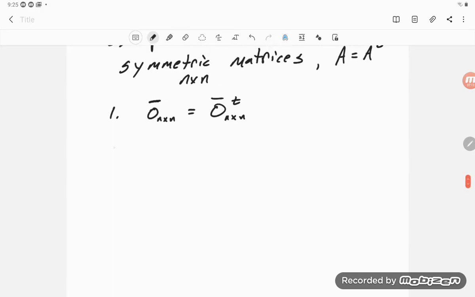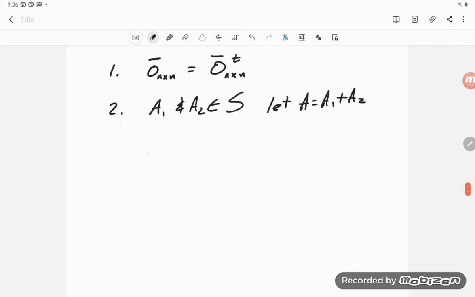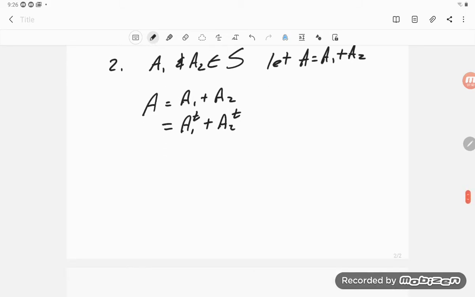Not a problem there. Okay, 2, how about if I take an A1 and an A2 that are elements of my subspace S. Now, if I let A equal A1 plus A2, then A is A1 plus A2, but A1 is the same thing as A1 transpose, and A2 is the same thing as A2 transpose because they're in S. So they're symmetric matrices.